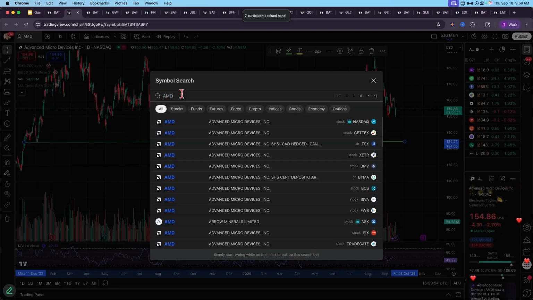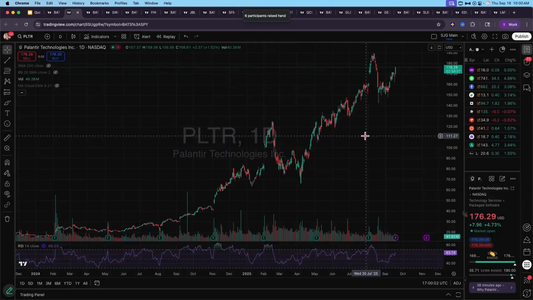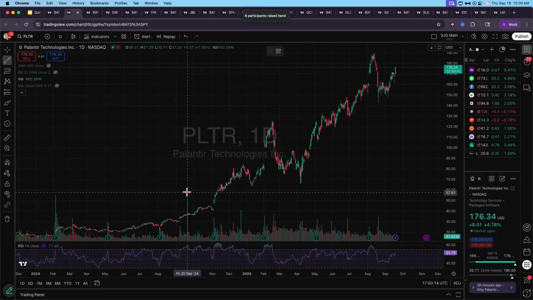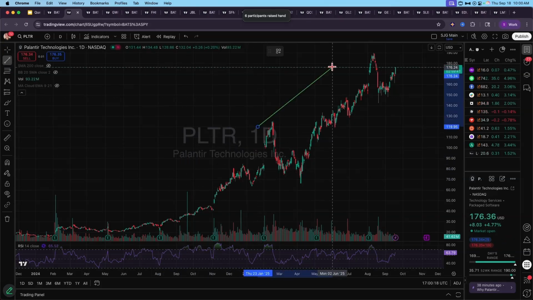Could you take a look at LTRs? A few folks have mentioned that one. So I like the look of this. Obviously very strong. I would probably look to draw a channel onto this at this point. There's actually a channel drawing tool.